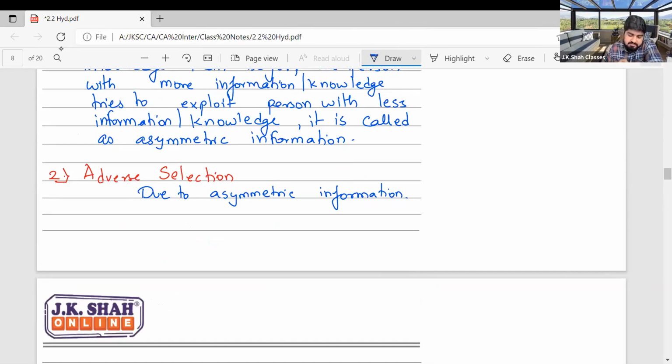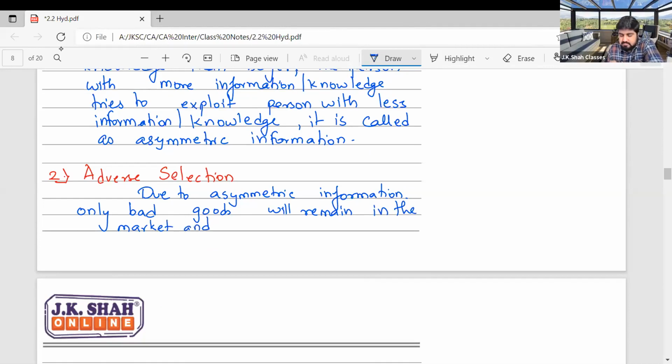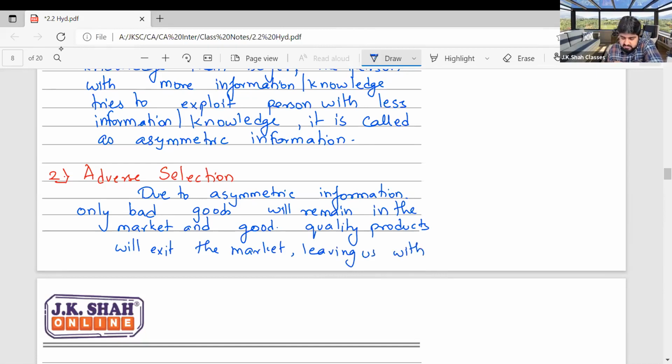Due to asymmetric information, only bad goods will remain in the market and good quality products will exit the market, leaving us with only poor choices. It is called as adverse selection.